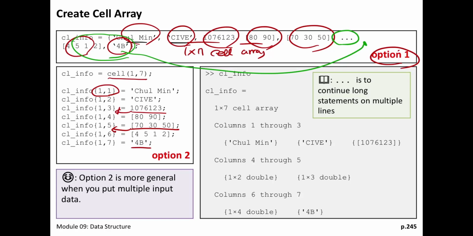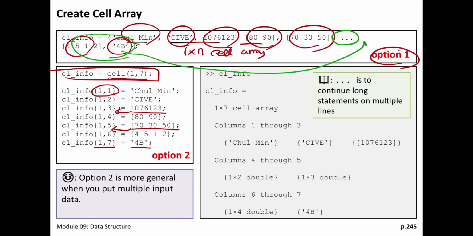Again, curly braces are to refer to the value space inside the cell. However, if you are indicating the cell itself, you need to use the parentheses. For example, as I mentioned earlier, this makes the 1 by 7 empty cell array, and then there are 7 cells.